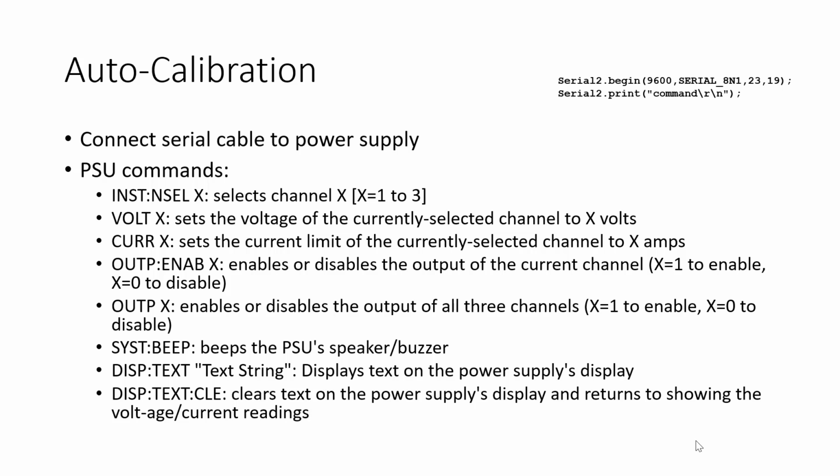Now, if you panic and you have a bug in your code, I think you could just turn the power supply off, and when it comes back on, it'll be back in front panel mode, right? So it's not like you're going to permanently brick the power supplies this way, because I think the power button still works even if they're controlled by the serial port. And if all else fails, just unplug them. These are hard toggle switches, right? Hard power.